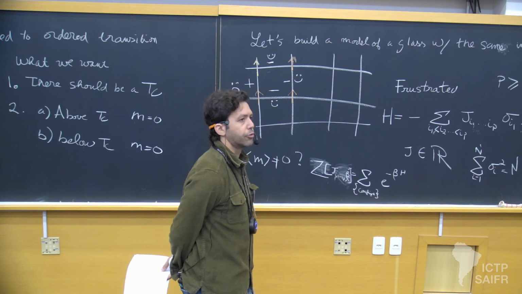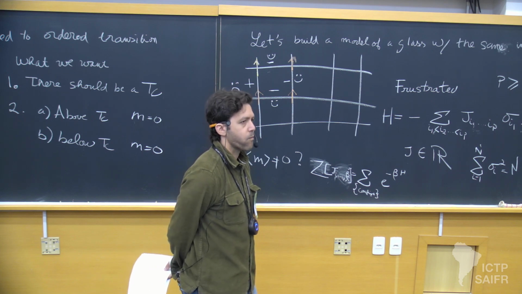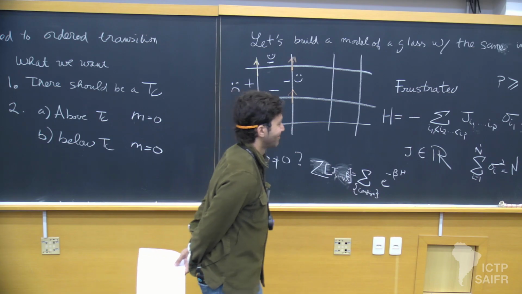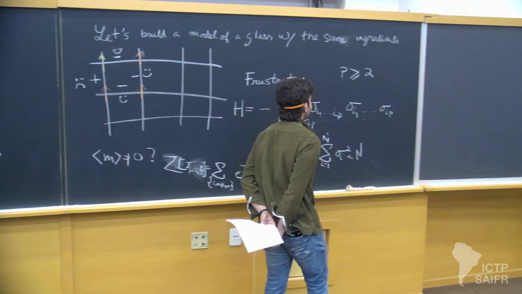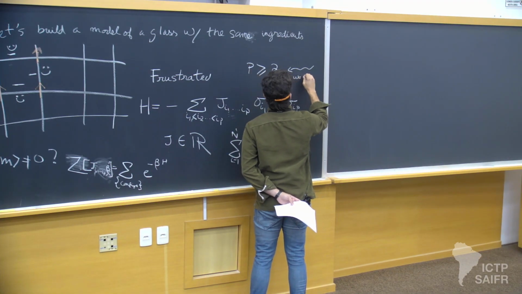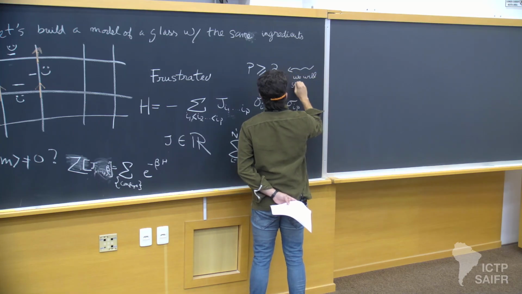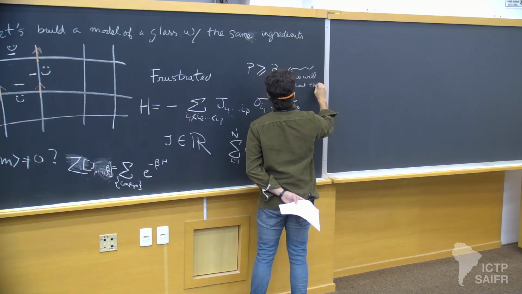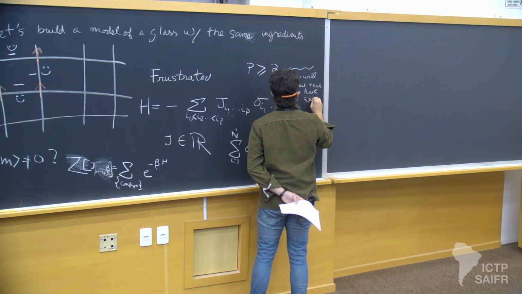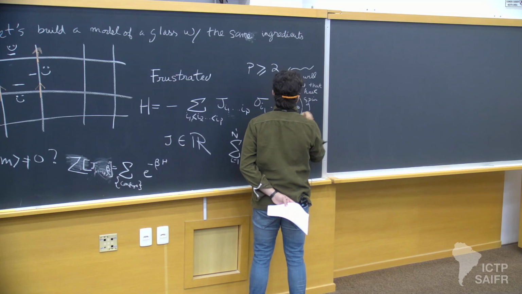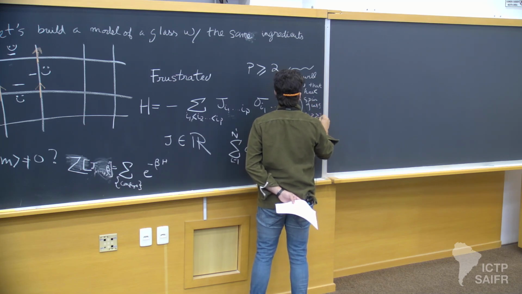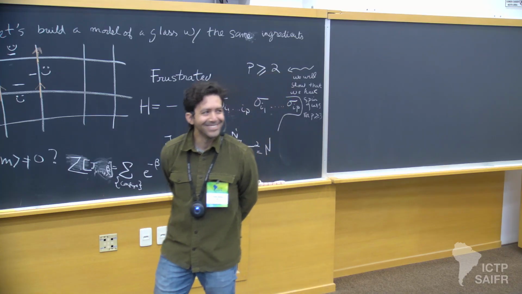But that's p equals 2. Yeah, that's a good question. We will see that we have spin glass physics for p greater than or equal to 3. There's no free lunch.